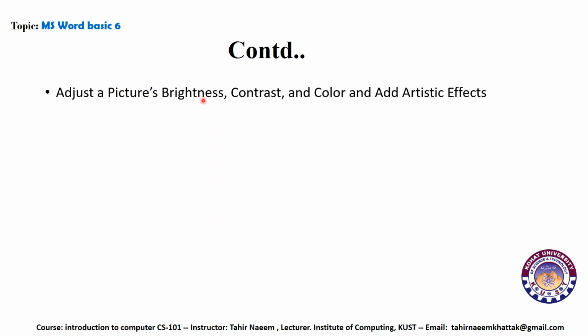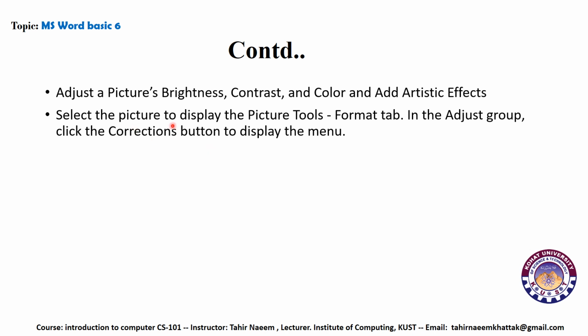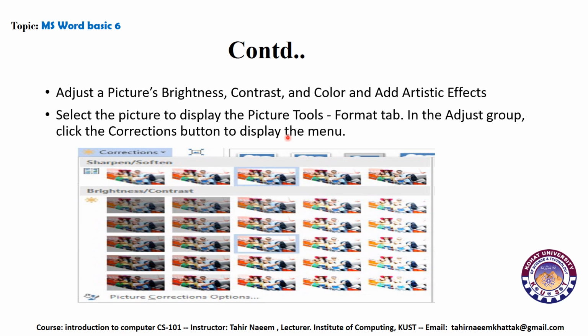Adjust a picture's brightness, contrast, color, and edit artistic effects. Select the picture to display the Picture Tools Format tab. In the Adjust group, click the Corrections button to display the menu. So basically, as I have previously discussed, in the Format tab we go to the Adjust group and click on the Corrections button to enable this menu.